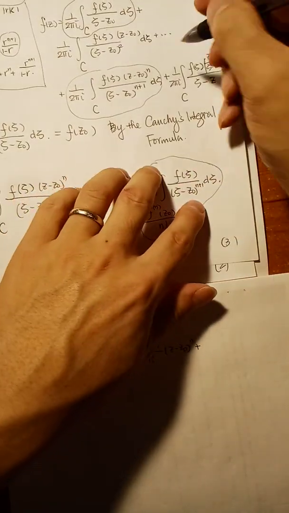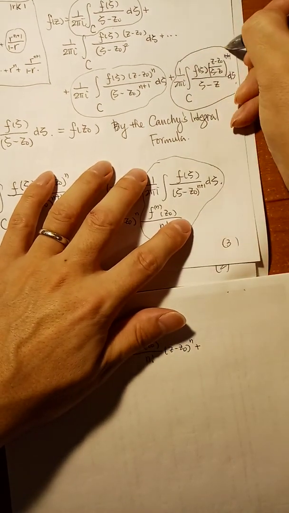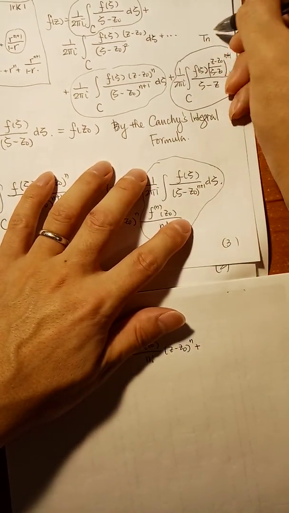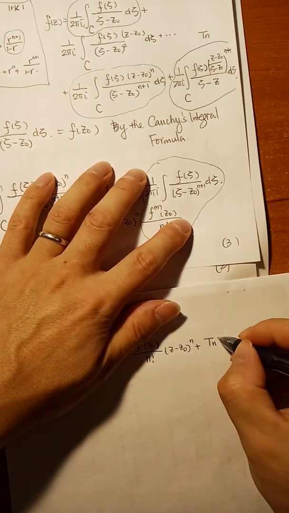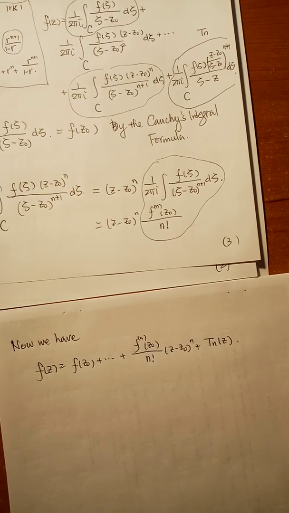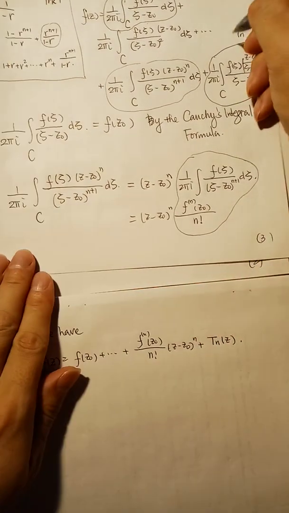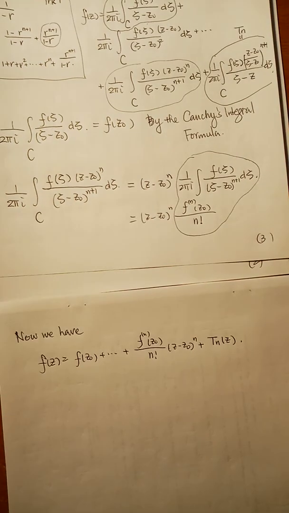This tail is here. It's very long. This tail, let's call it T sub n, the tail, T_n(z). Okay, so let's put it here and define it.